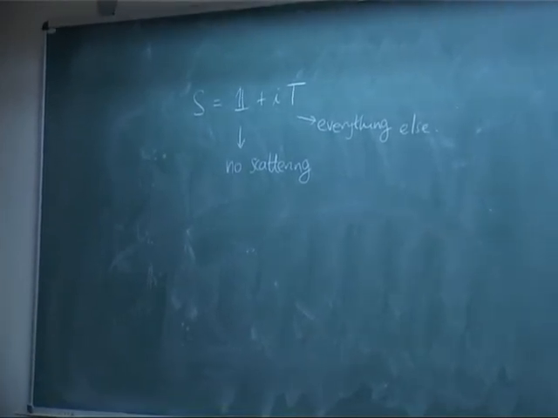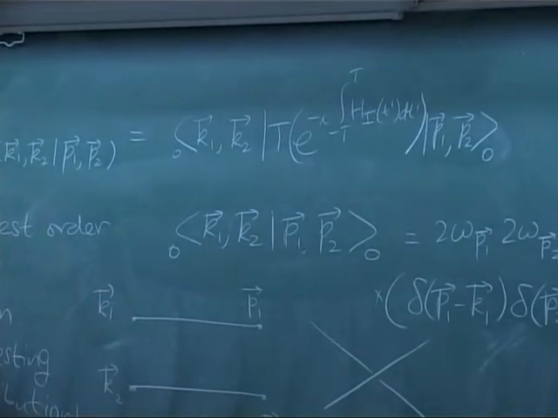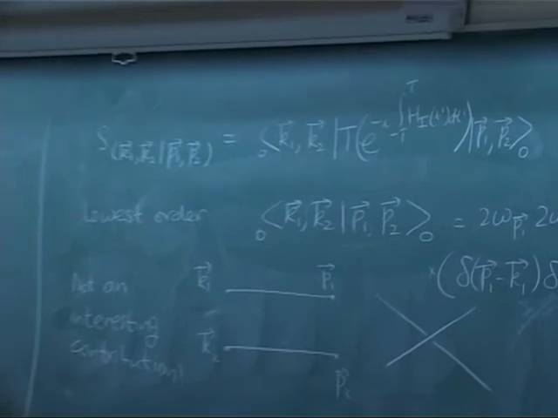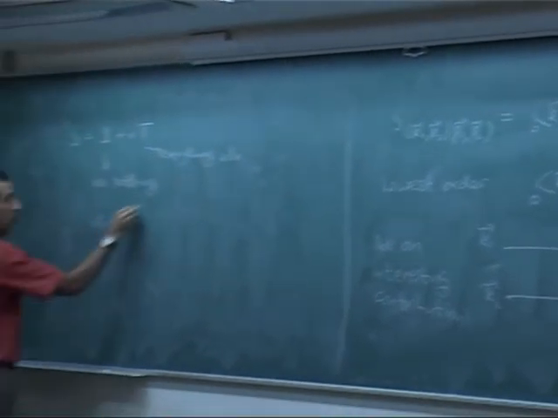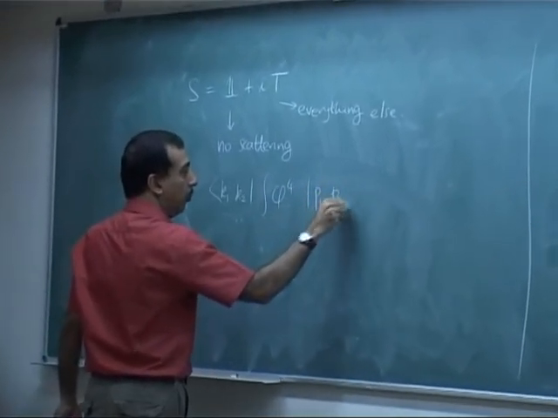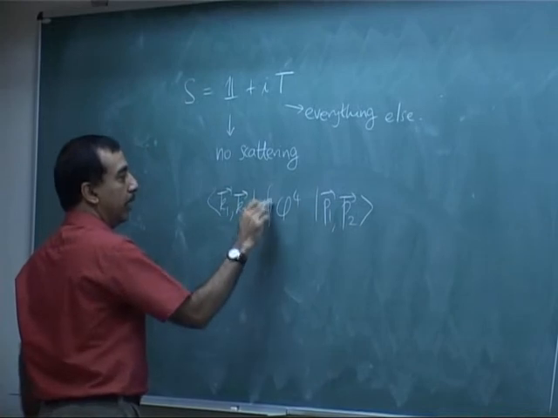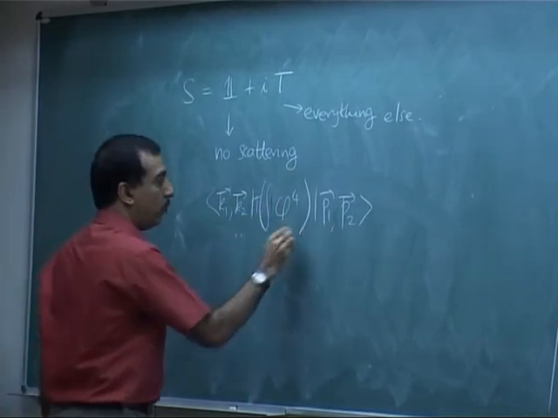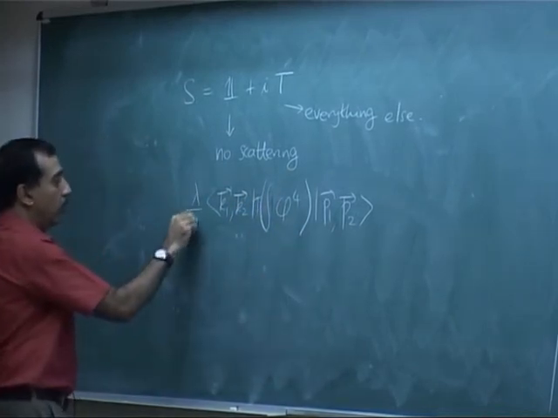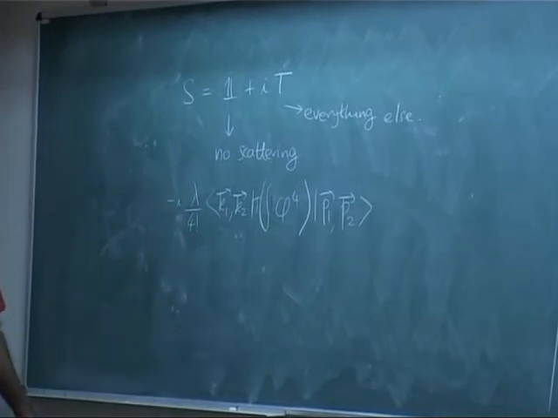Okay, and take this down to the first order. So we encounter <k1, k2| integral phi fourth |p1, p2> with a T and lambda over 4 factorial with a minus i. Now something interesting happens.